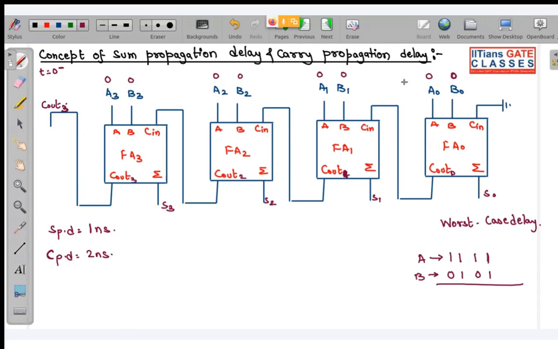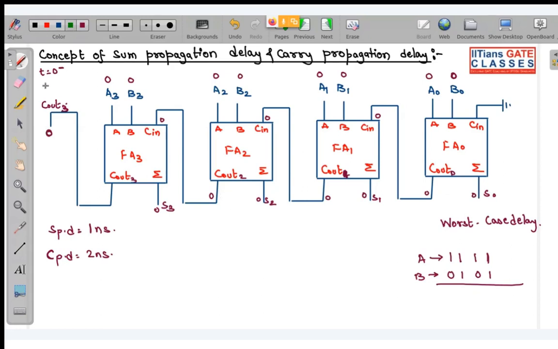So if all these bits are 0 0, then this C out will be 0, and if this C out is 0, this is also 0, everything is 0. I have written this using this purple color.